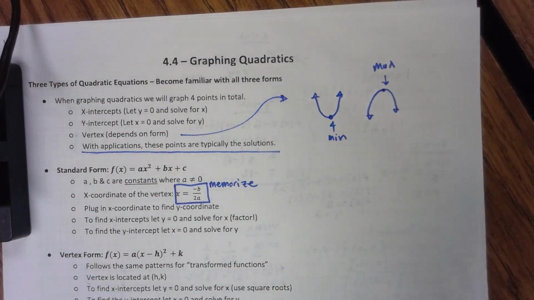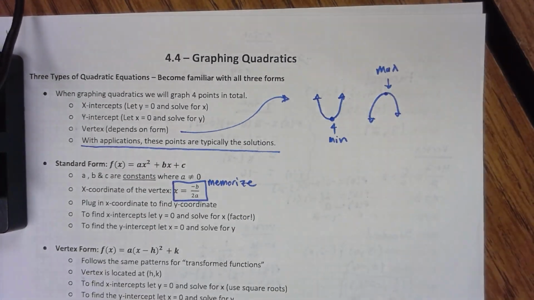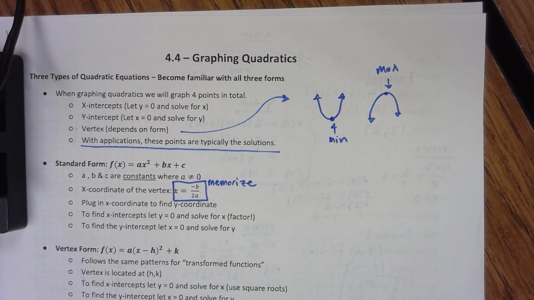So whenever you see in a word problem, find the minimum or maximum, it is almost always referring to that vertex point. So when you see minimum or maximum, you should be thinking vertex. And depending on the form the equation is given to us, we've got to find that vertex from there.